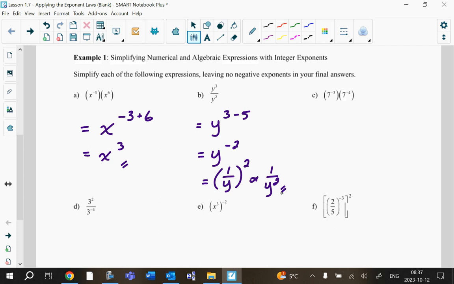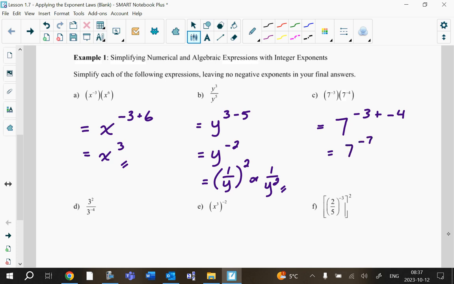Just because the base is a number doesn't mean you change the rules. You do not multiply the 7s together. When we multiply powers, the base stays the same. So if the base is, like in these ones, the base were variables. In this one, the base is a number. Still stays the same. Add the exponents. Negative 3 plus negative 4. Which gives me what? 7 to the negative 7.